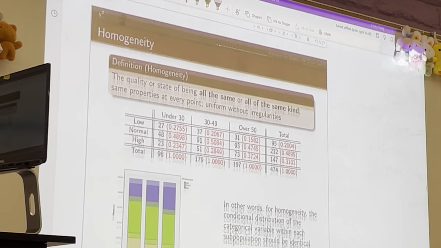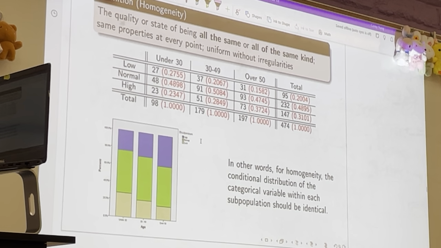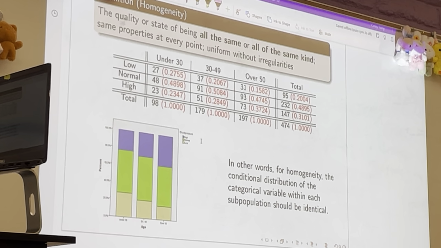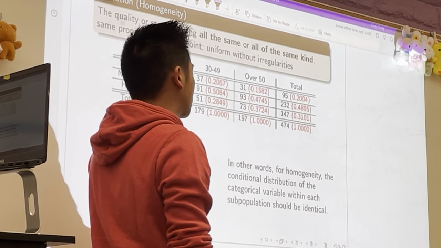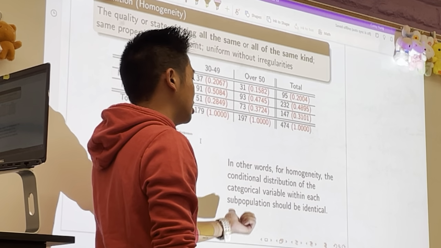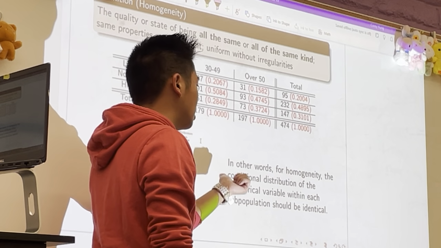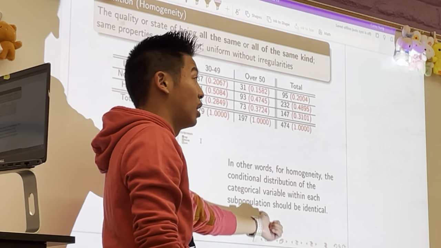So, same thing right here, homogeneity. By definition, and this is just from dictionary.com, homogeneity means the quality of being the same or uniform without irregularities, or having the same properties. So in this case, we mean that the distribution is the same across all populations. This is the same example I had for independence at the beginning of those slides, but in other words, homogeneity means that the conditional distributions of one variable within the subpopulations are identical.